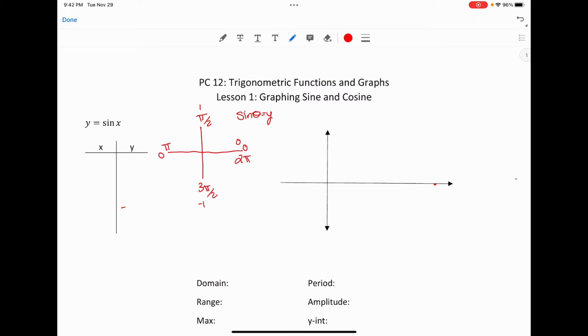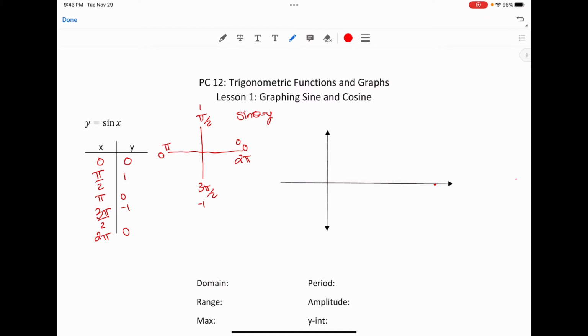So I'm going to pick these quadrantal angles: 0, pi over 2, pi, 3 pi over 2, and 2 pi. And we're going to fill in what the y values are at each one of these. They are 0, +1, 0, -1, and 0 again.